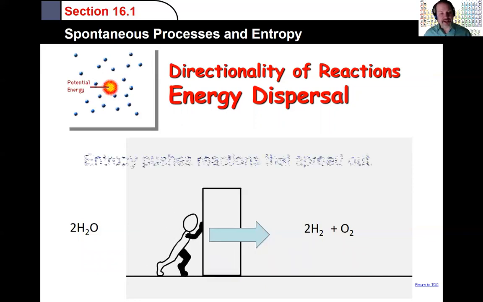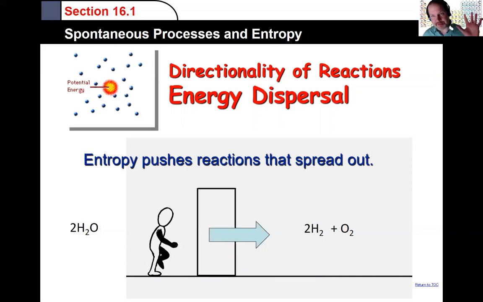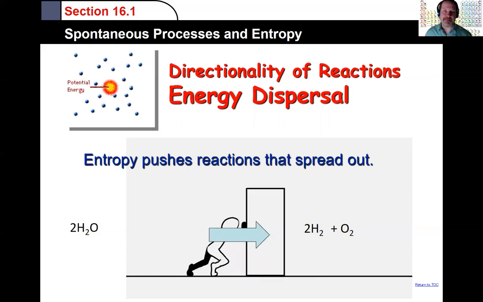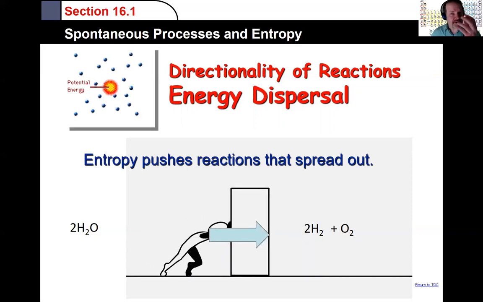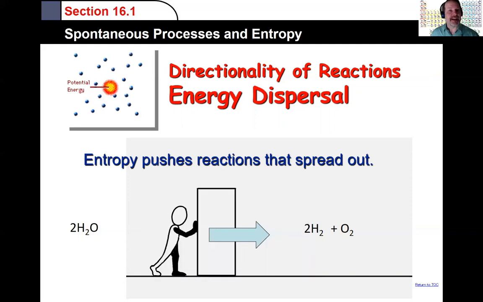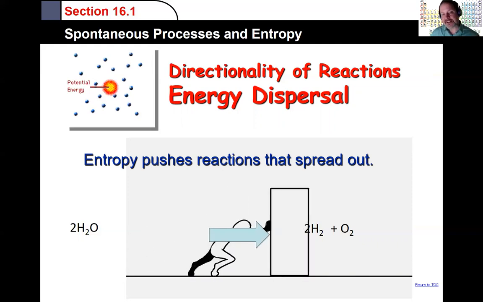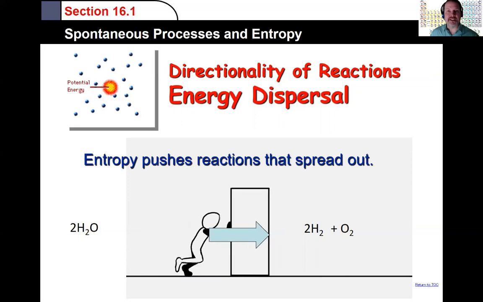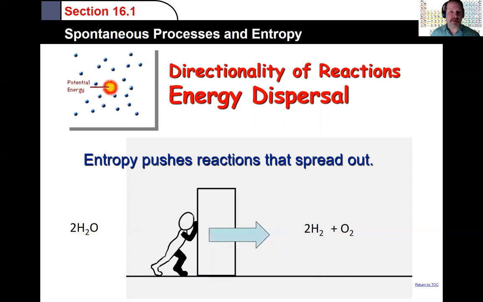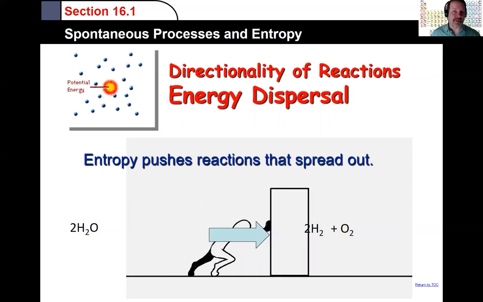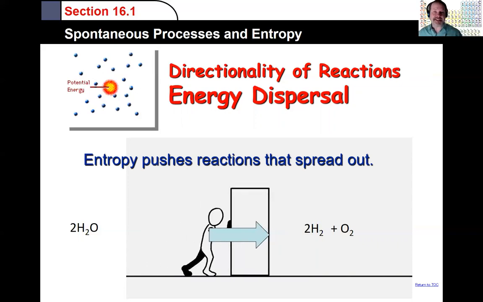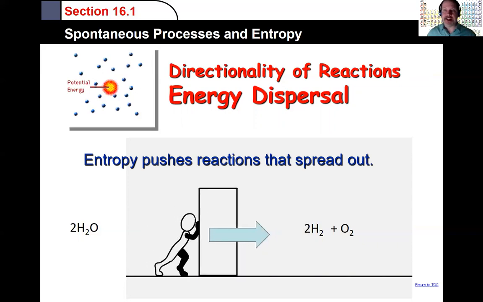So entropy says, yes, that's good. I'm going to push that. I'm going to make that happen. To go the other way would be a negative entropy. Entropy is going to resist two hydrogen molecules and one oxygen molecule coming together to make water. So the reverse reaction, entropy is not going to be favoring that.